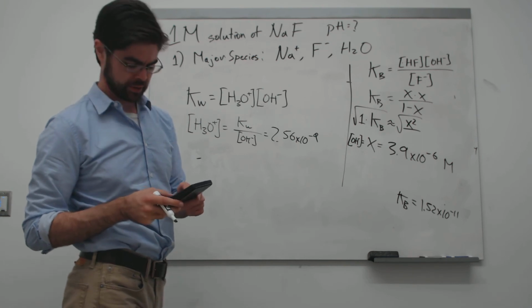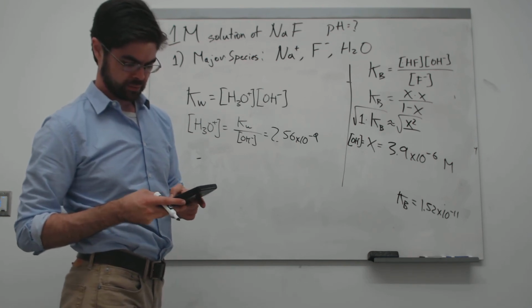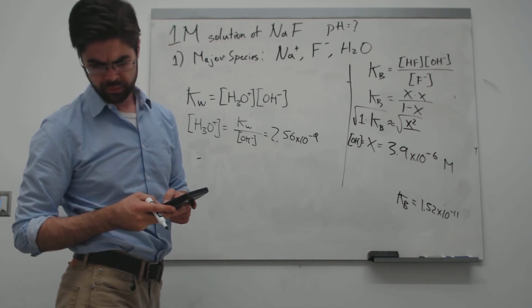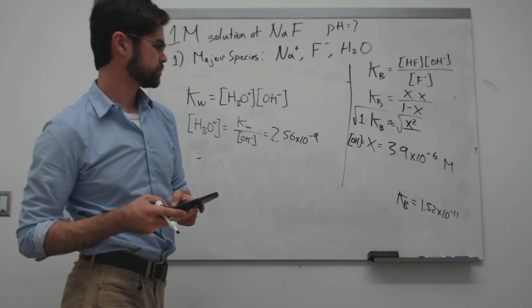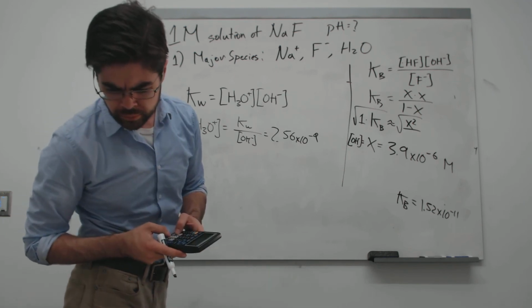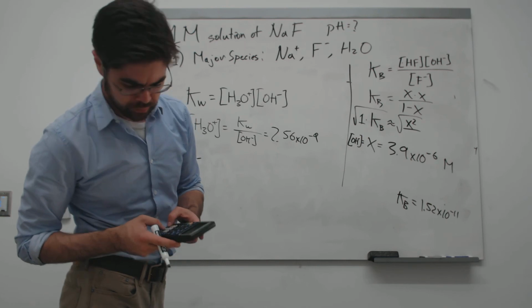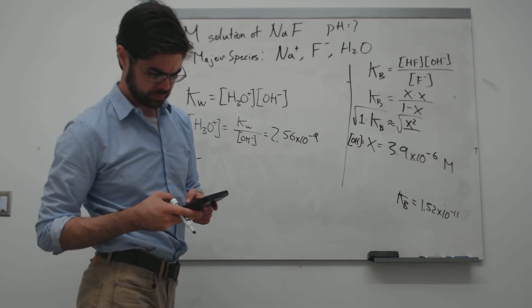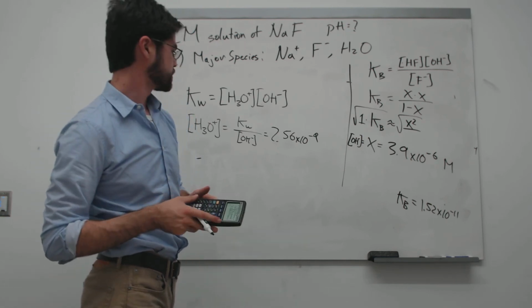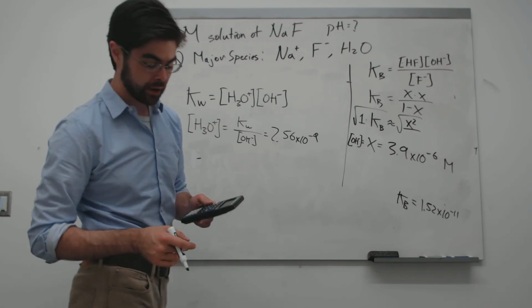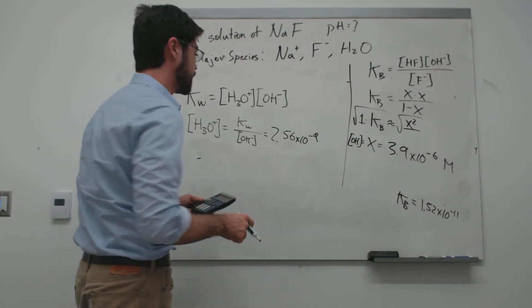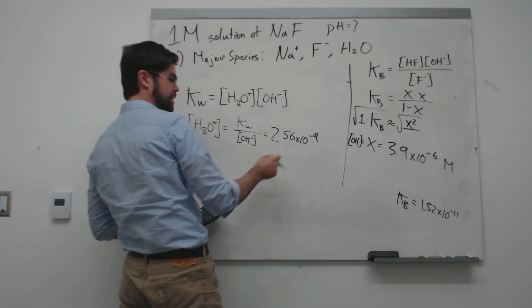Give me one second here. Okay, I guess I made an error in my own calculations. So that should be 2.5 times 10 to the negative 6.